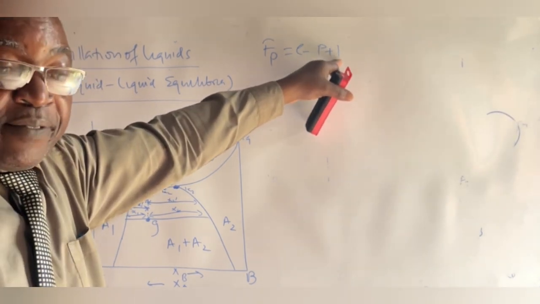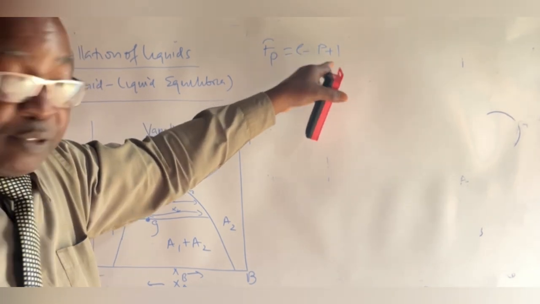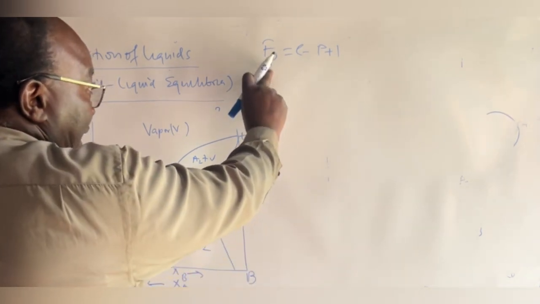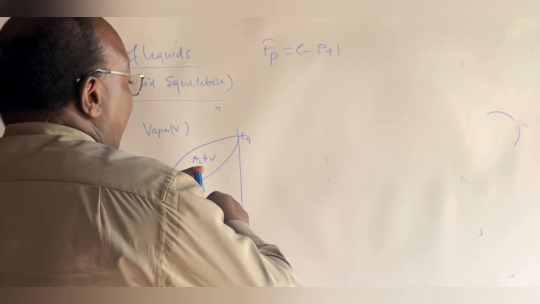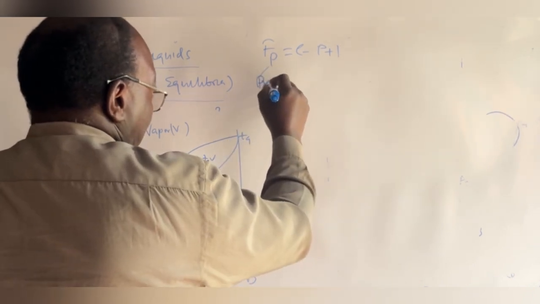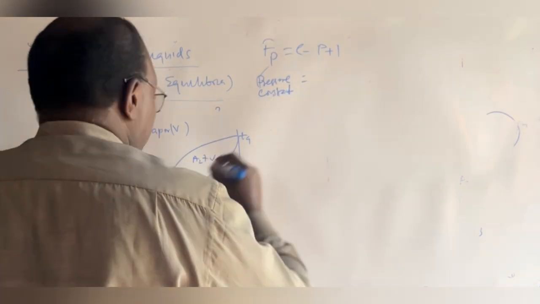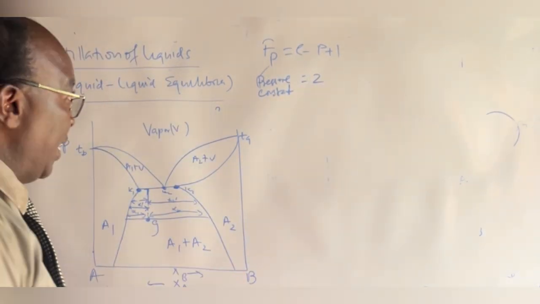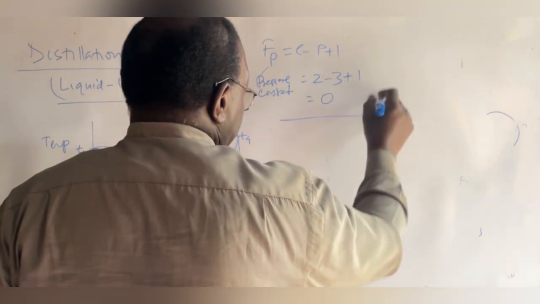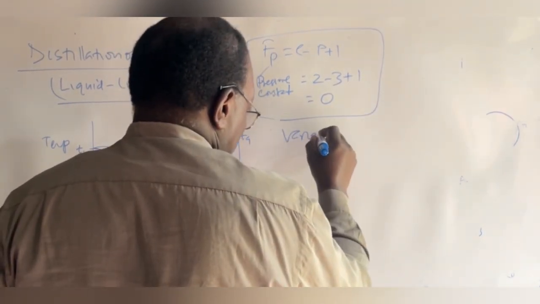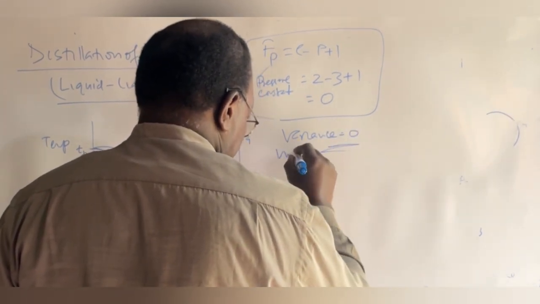If you keep both constant, then the phase rule will be C minus P. Now we have kept pressure constant; I've marked it with a suffix to indicate pressure is constant. So where we have the three phases coexisting in equilibrium, we have two components, A and B. With three phases in equilibrium, plus 1, we have 0 as the variance. So the variance is 0, or the number of degrees of freedom is 0.